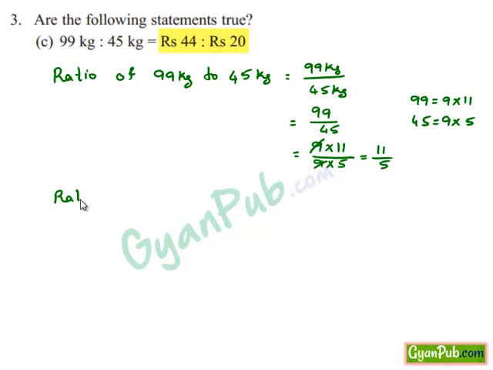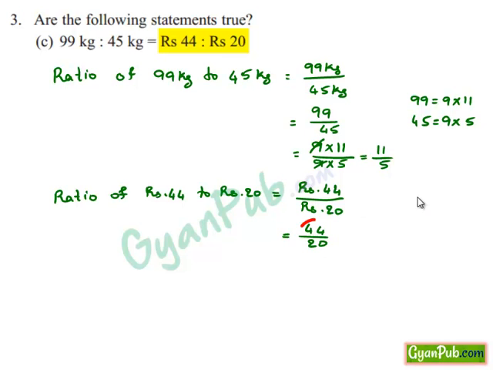Similarly, ratio of rupees 44 to rupees 20 is equal to rupees 44 upon rupees 20. Here both are having the same units, so we can cancel out the units and we will get the fraction as 44 upon 20.